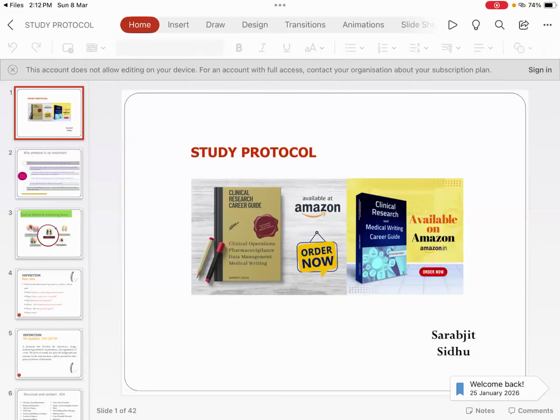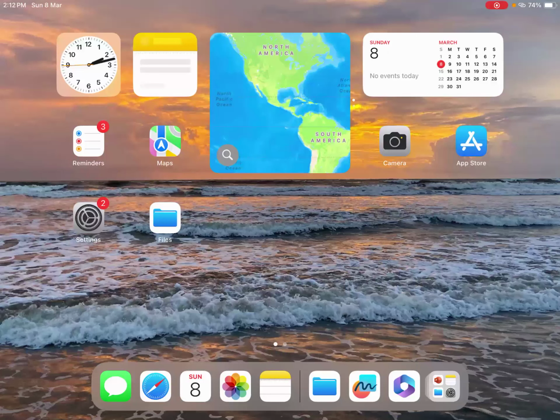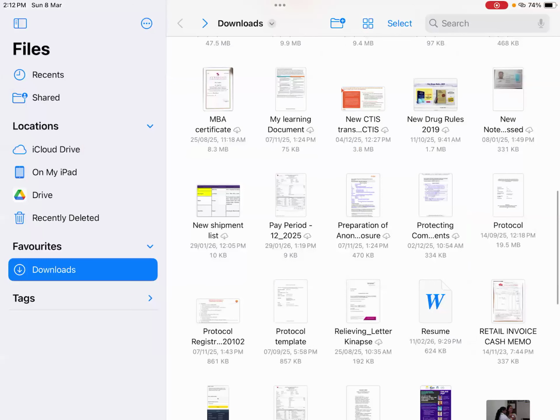These are our slides. I don't want to share slides because we have already covered them. I had one protocol template. Here it is. I hope you are able to see the Word document, right?